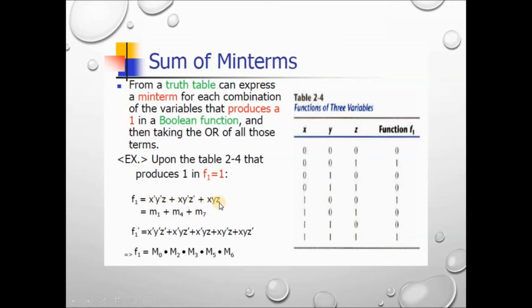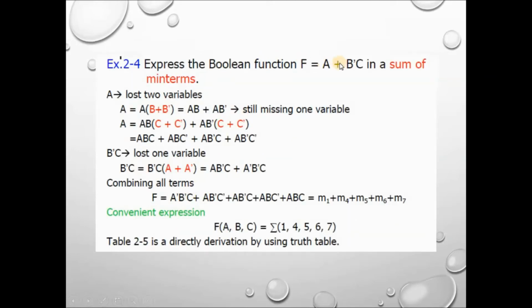But in the next slide, A plus B bar C, here A, B and C are not all there. B and C are there, A is not. But in sum of min terms, all inputs should be there. In that case, what can you do?